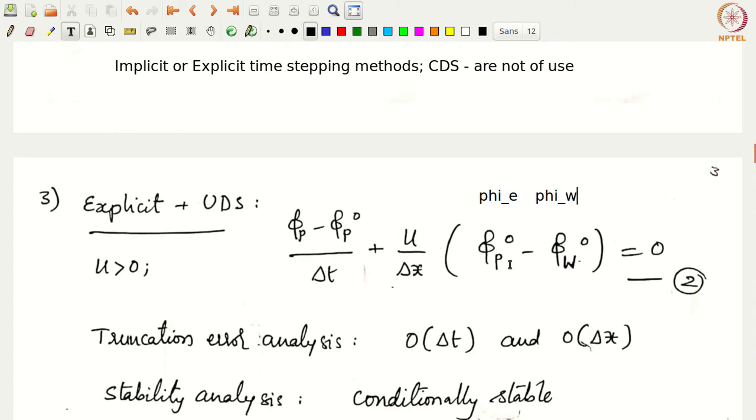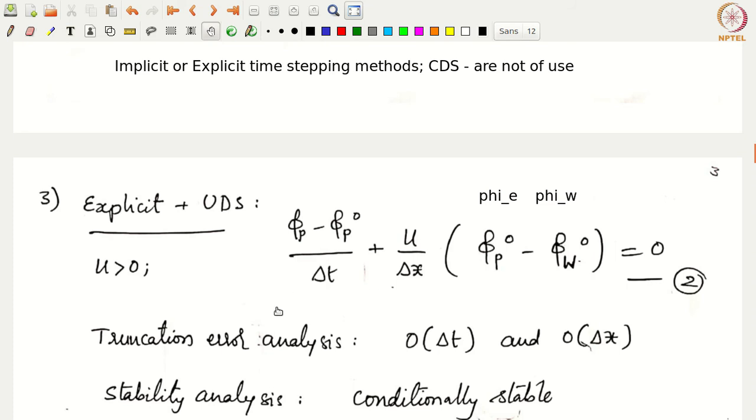Because u is greater than 0, phi east will be equal to phi p, and this quantity would be equal to phi capital W. This is on the west face. On the west face, if u west is also positive, then this will be phi W. You need to verify this once again. All right, so we have this particular equation, which is the discretization with explicit time stepping and upwind difference scheme.